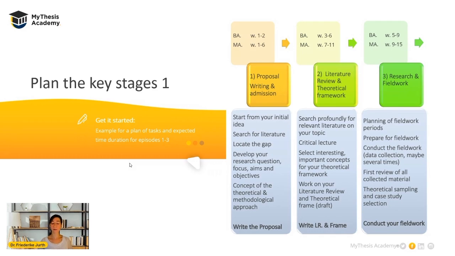And you will need some time for the theoretical sampling and the selection of your case studies. So these are the points that you should keep in mind if you plan the section of the research and the fieldwork.